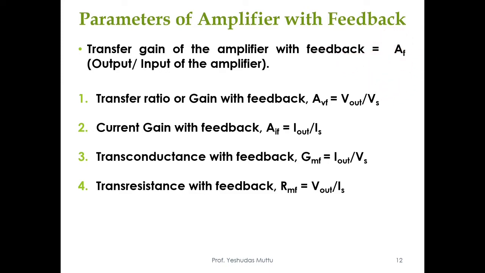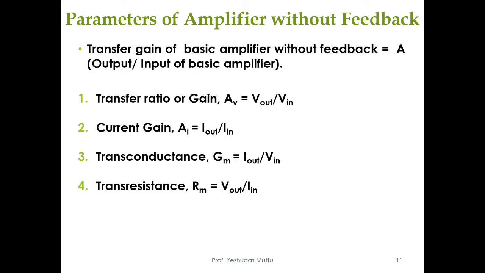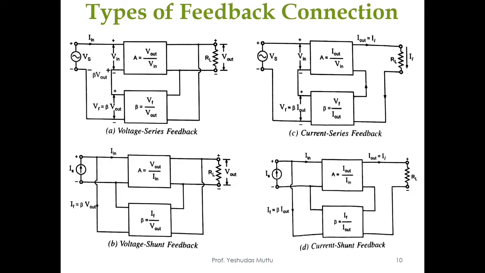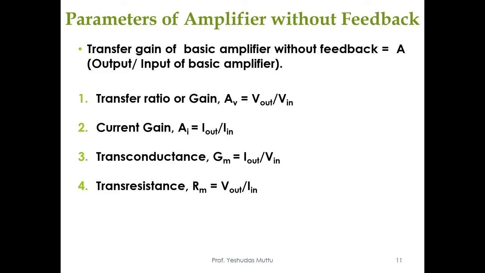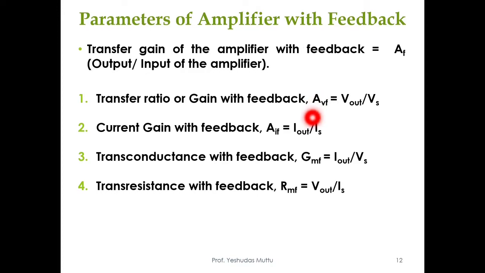If I consider this entire block, what is the input? Input is Vs, output is V out. So the first one, AV, will be AVF is equal to V out upon Vs, because you have to consider the main source now.